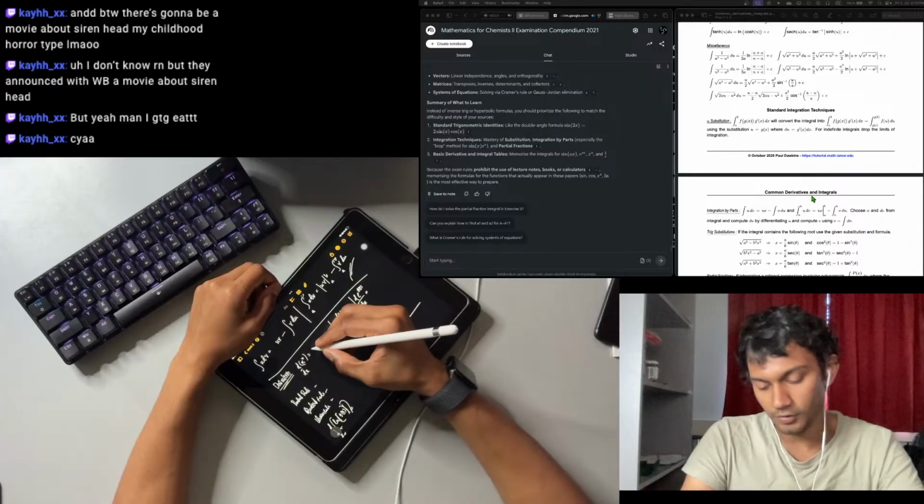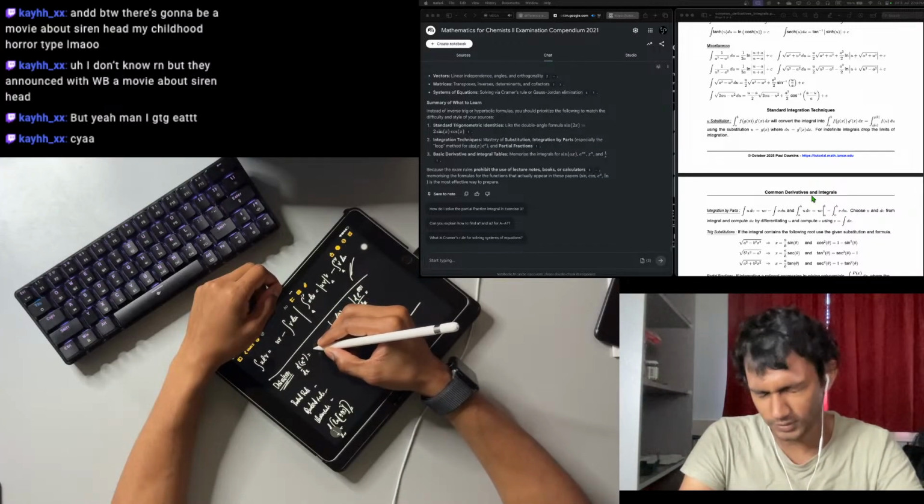X raised to n, derivative of x raised to n. It's not integral this time.